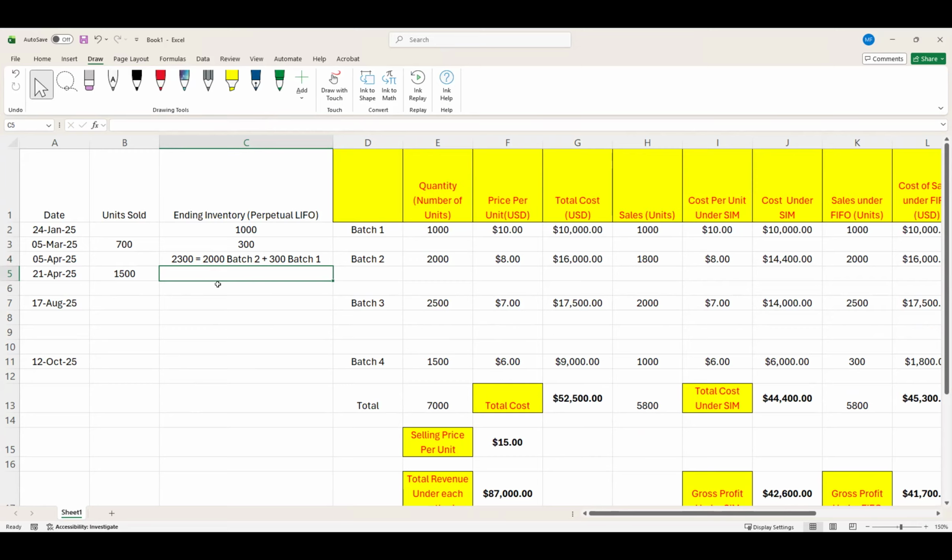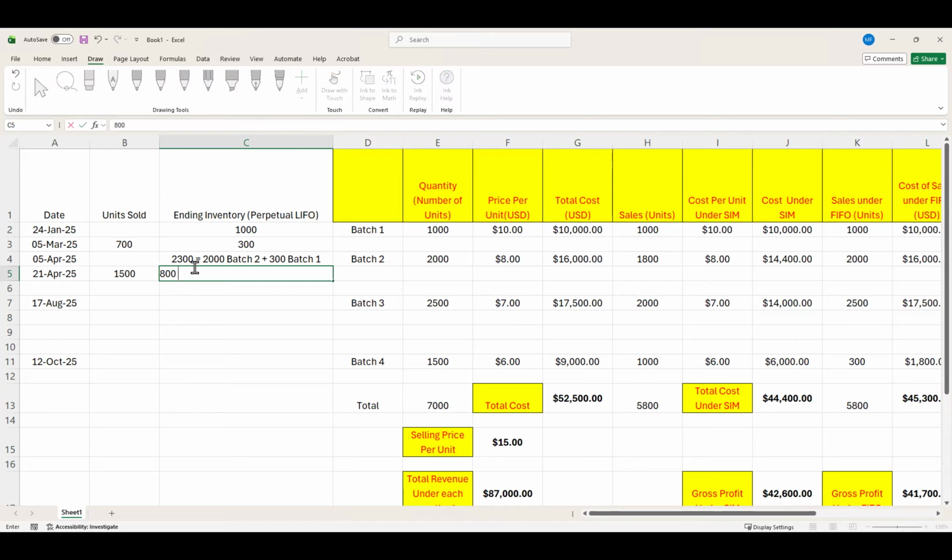Excellent answer. Simply 1500 from batch 2. Absolutely correct. So this 1500 will be sold completely from batch 2. So now how much is remaining on 21st April? How much is remaining with you in total? Very good, 800.